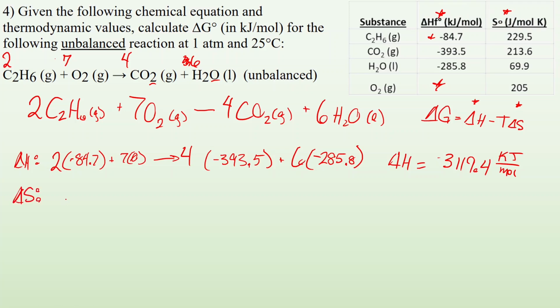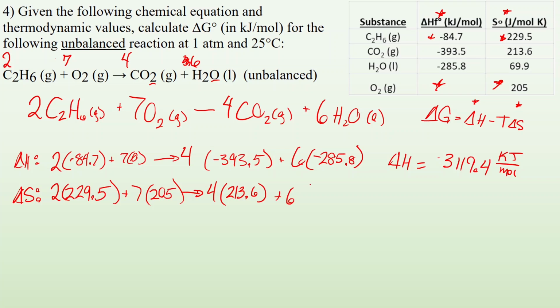Same kind of process. I got 2 C2H6s, so I look at that. I got 229.5 plus 7 oxygens, which has a value of 205. And then arrow, I have 4 CO2s, each has a value of 213.6.